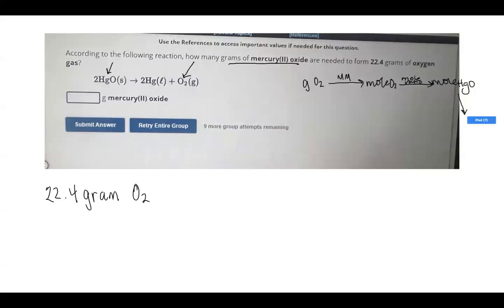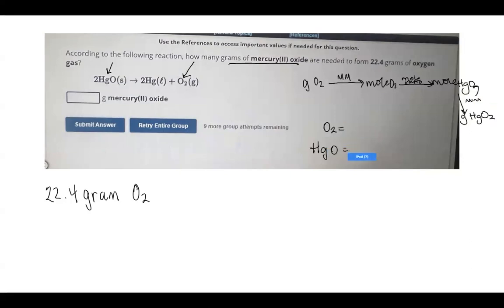Then I'll use the molar mass of this to get to grams of HgO. So we're going to need to know the molar mass of O2 and HgO.